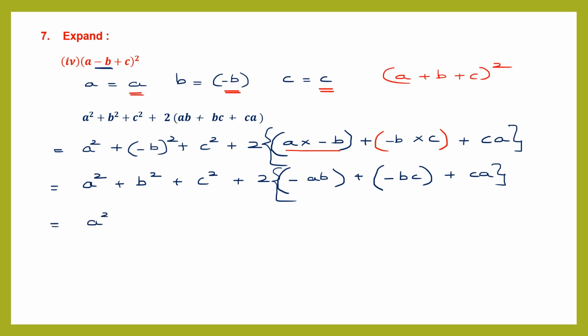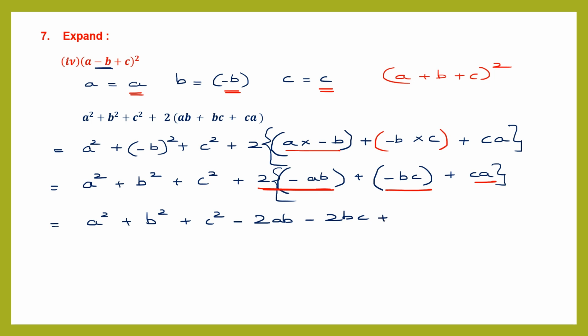So now here let's do it. a square plus b square plus c square. Now we're going to multiply 2 with the first one. That is 2ab, with a minus sign. So it's minus 2ab. Then we multiply 2 into the next one, minus bc. So the sign is minus. 2 into bc is 2bc. Then we multiply 2 into the third one, which is ca, and that is a plus sign.